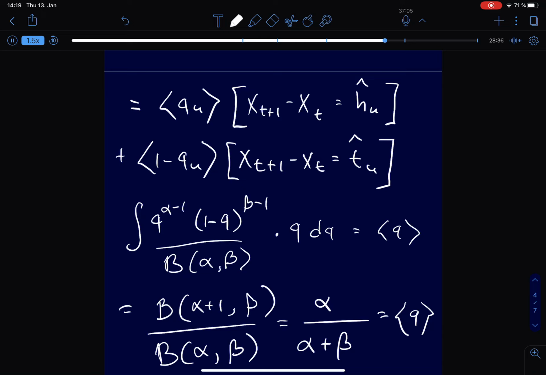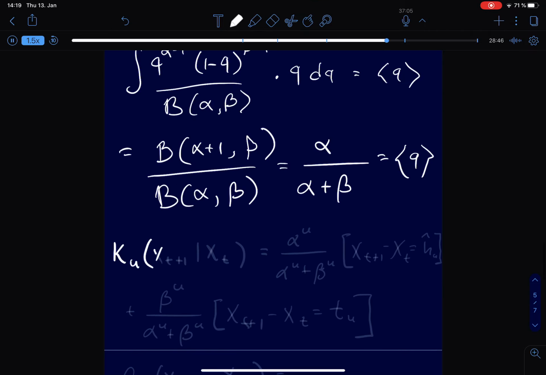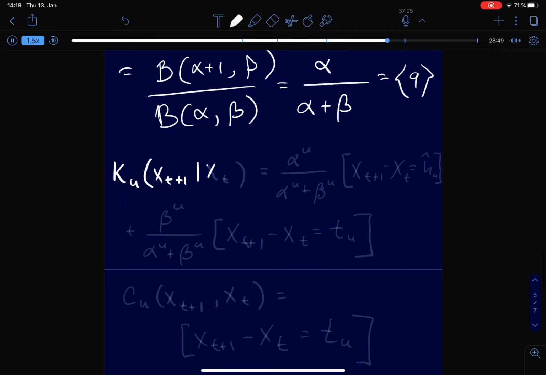So now when we plug that in, we see that we actually have a complete expression for k that just depends on our states. So we don't have any reference now to these hidden parameters.